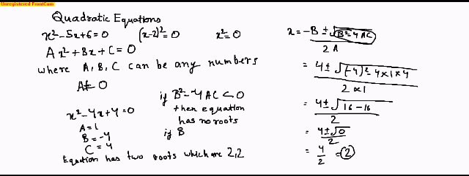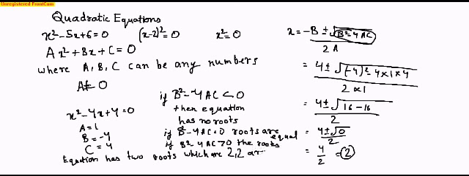Similarly, if b square minus 4ac is greater than 0, then roots are not equal.